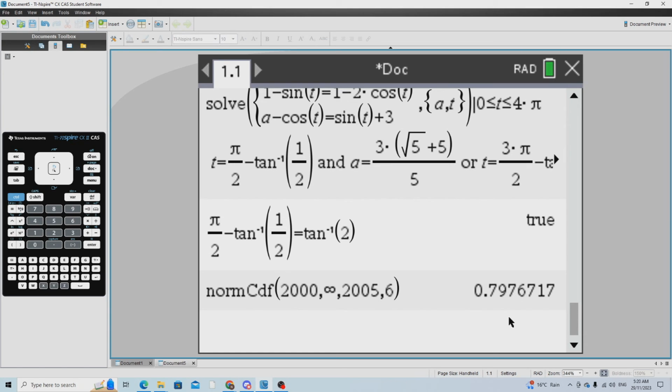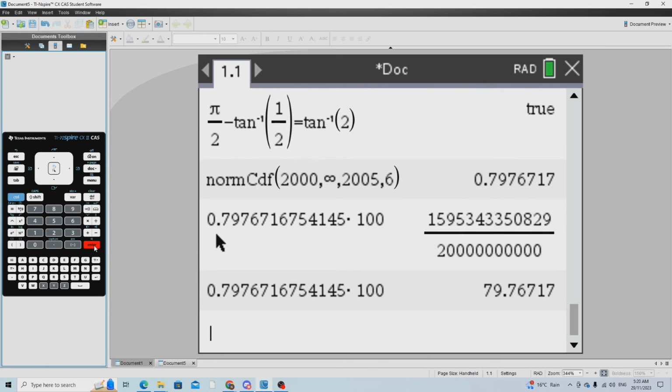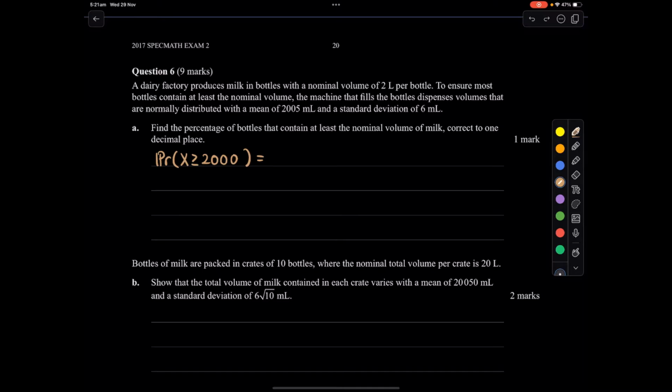Wait, find the percentage of the bottles. So if we find the percentage, it's correct to 1 decimal place. We just need to multiply this by 100. That gives us this. So to 1 decimal place, that's 79.8.